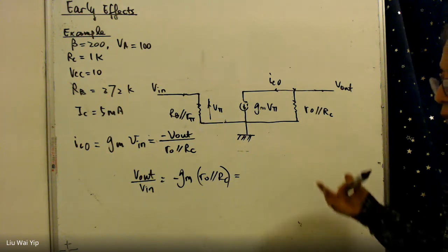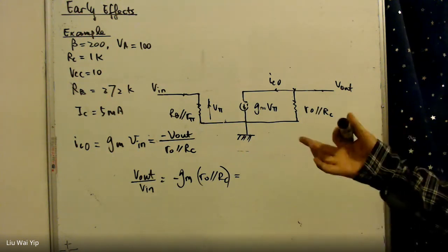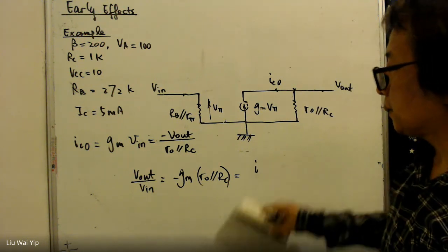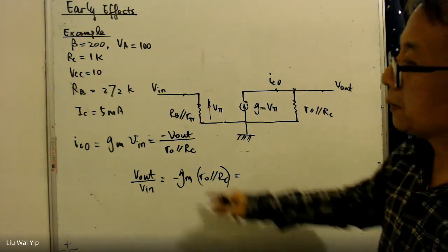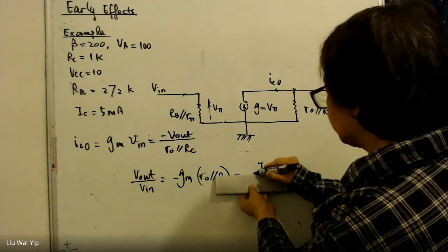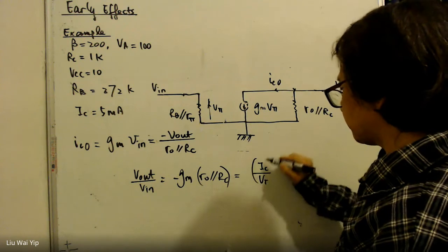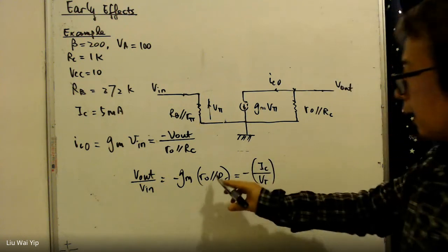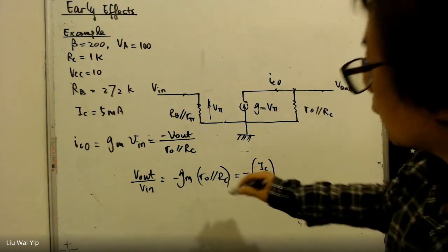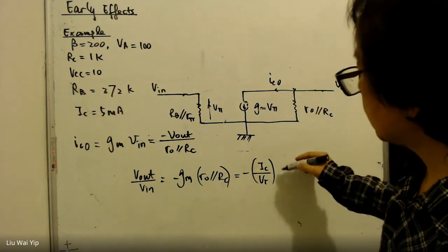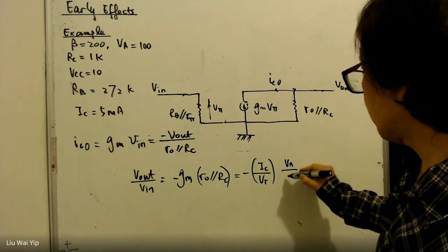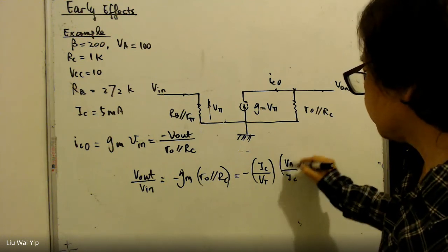Apparently, we need to know the value of gm. Remember, gm is equal to IC divided by VT, and R naught can be calculated as VA divided by IC.